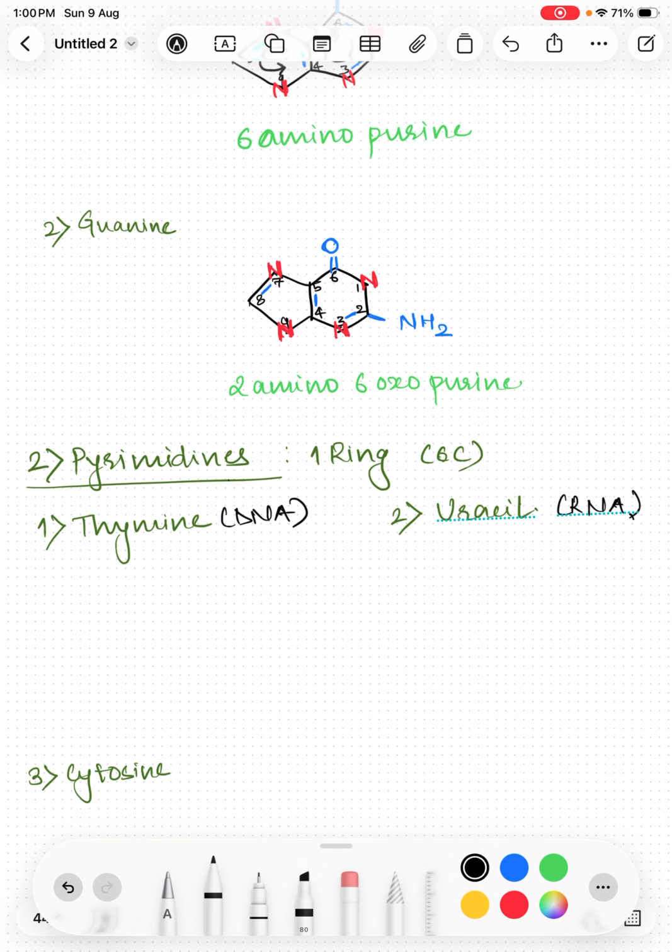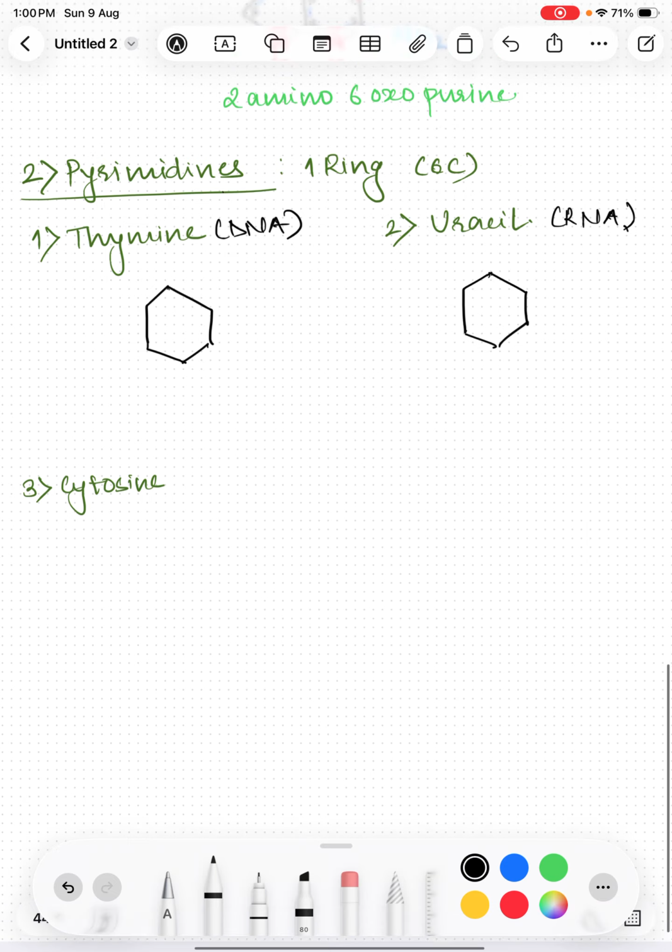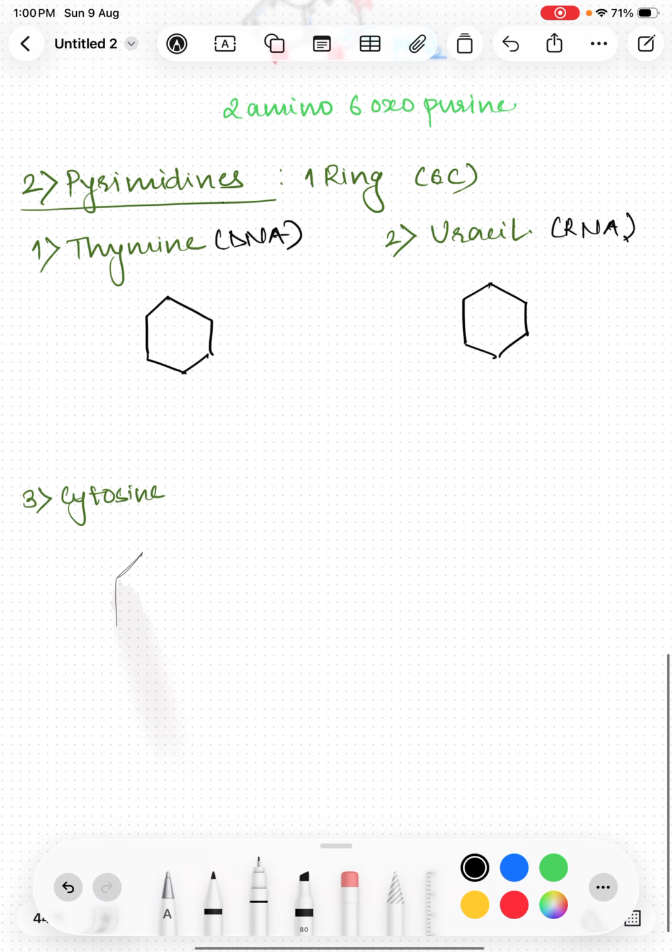Now again we will draw a 6 carbon ring for pyrimidines. Now these pyrimidines are numbered anti-clockwise.